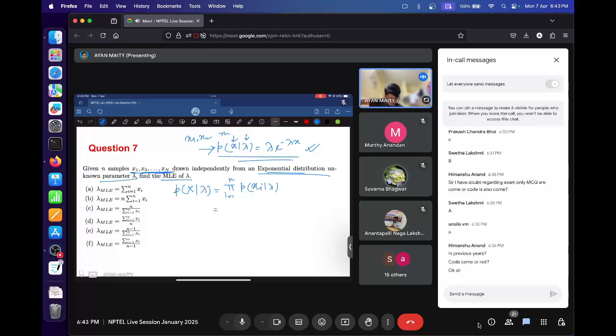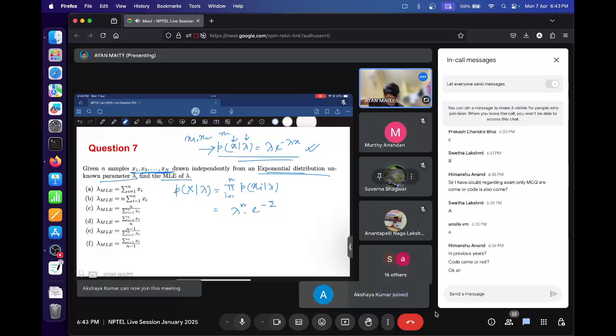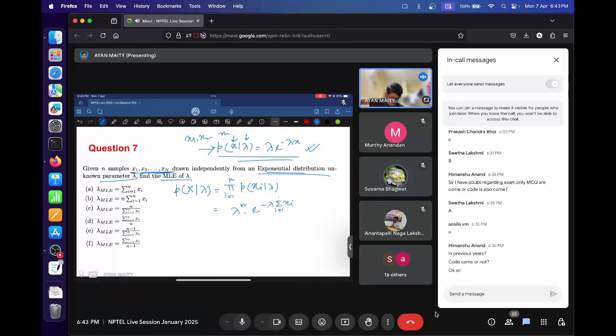So it will become lambda to the power n times e to the power minus lambda summation over xi, i equals 1 to n. So this is the likelihood of the whole n samples, of all the n samples.